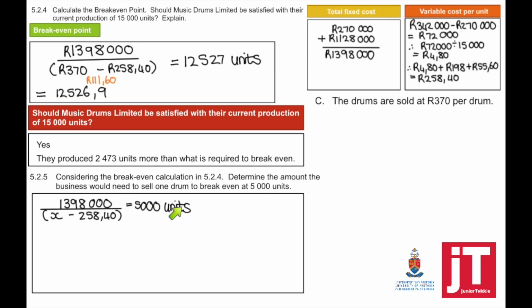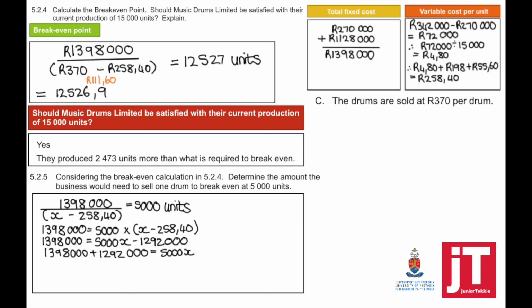And we want now to know if 5,000 units is our break-even point. That now is given. We now need to find out what will be the selling price per drum. So this becomes our X. This means we need to solve X. This is a little bit of mathematical skills involved. So our selling price would then be 538.